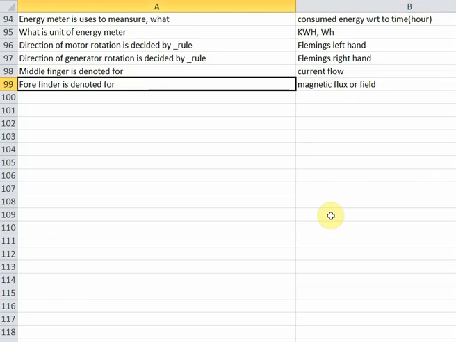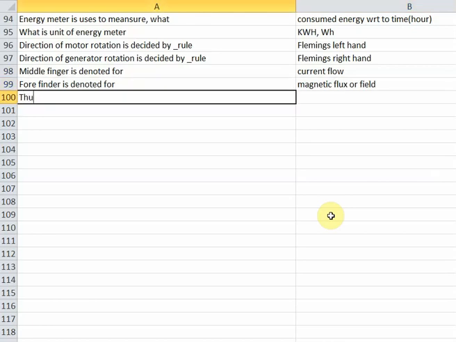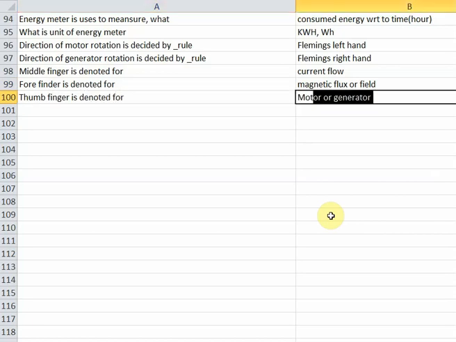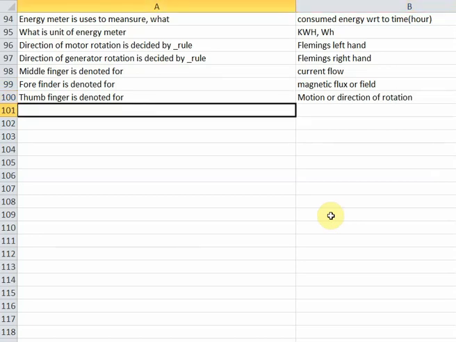The thumb is denoted for the direction of motion, or direction of rotation.